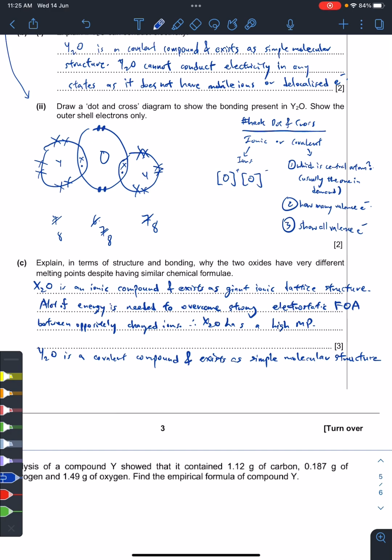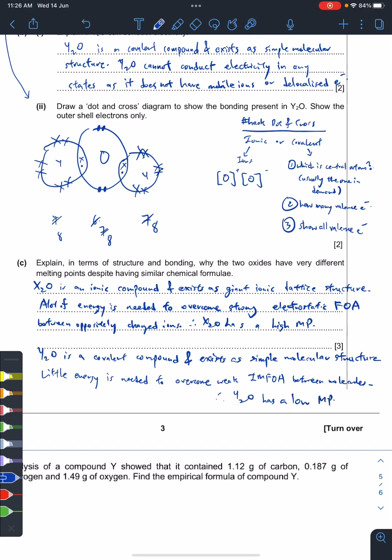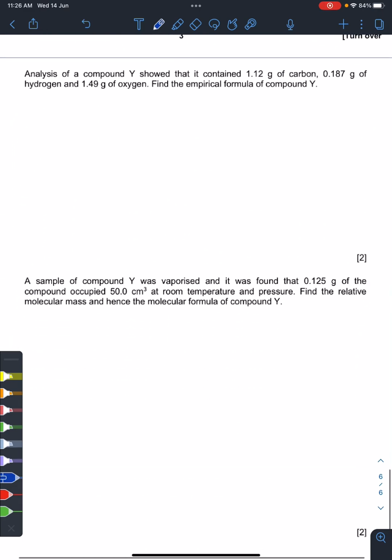So you only need very little energy in this case to overcome weak intermolecular forces of attraction between molecules. Therefore, Y2O has a low melting point. Quite standard. And the last question, mole calculation.